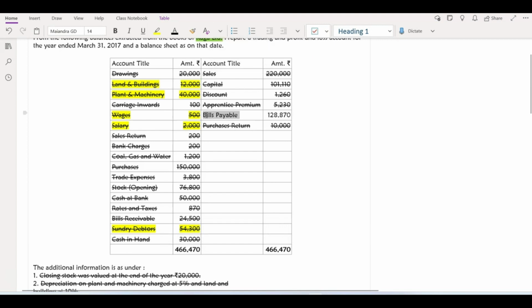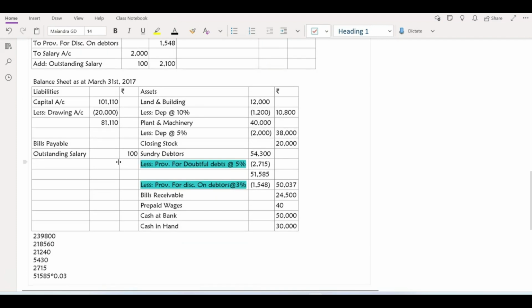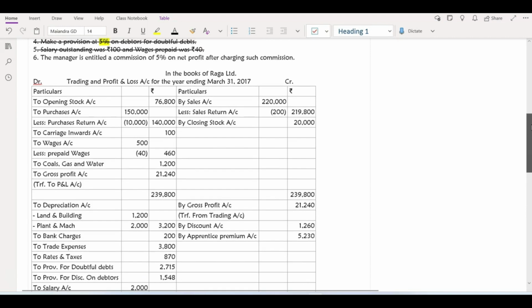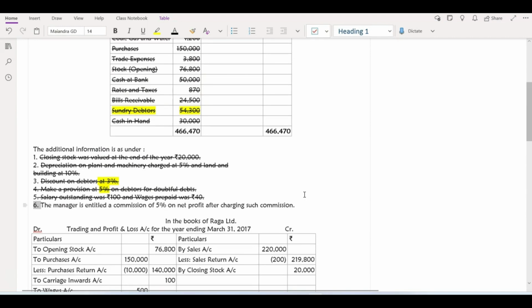Bills payable is 1,28,870. Now we still have one more transaction left, which was a quite important one.